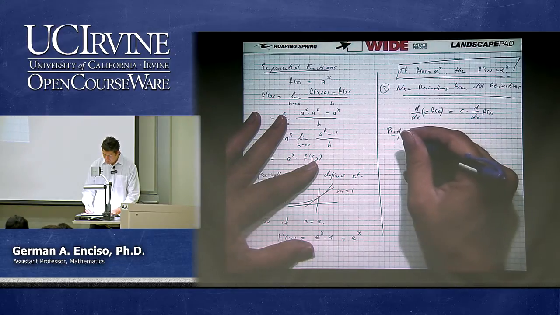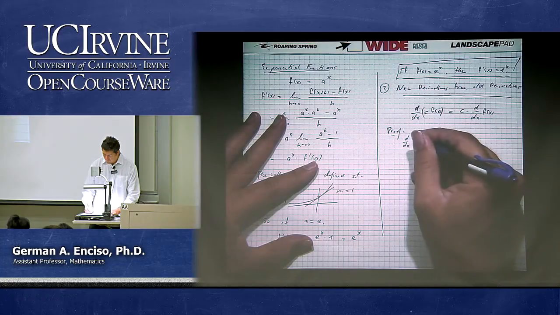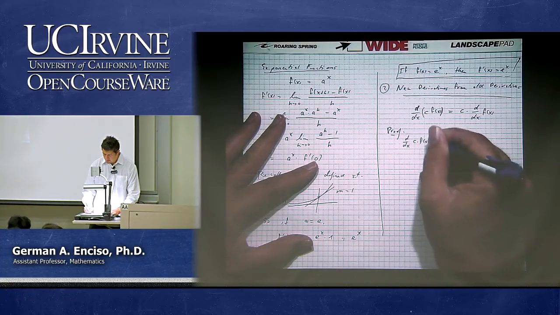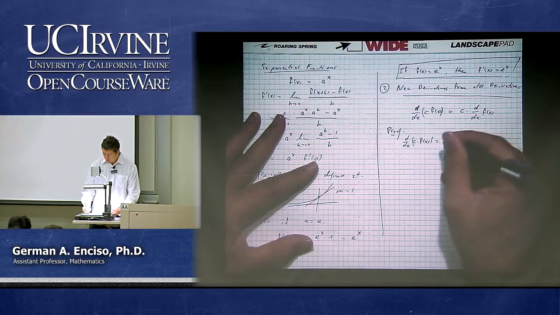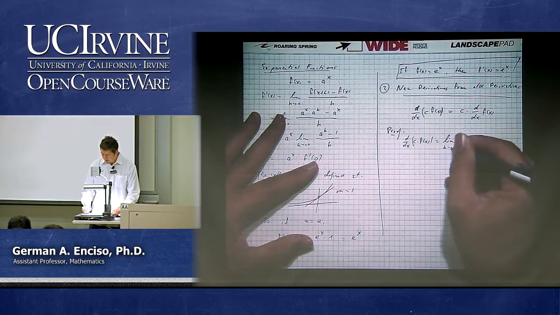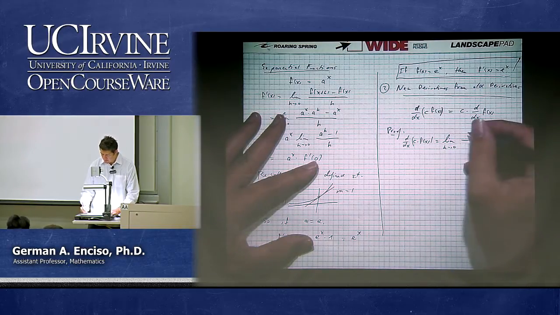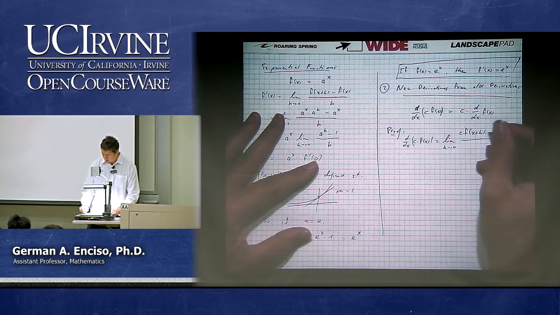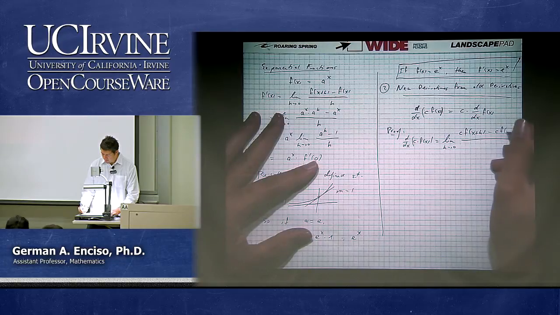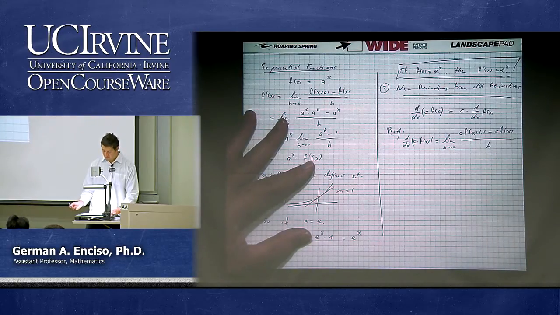The derivative of the function c times f of x, by definition, is the limit when h tends to 0 of c f of x plus h minus c f of x, divided by h. That's just the definition of derivative.